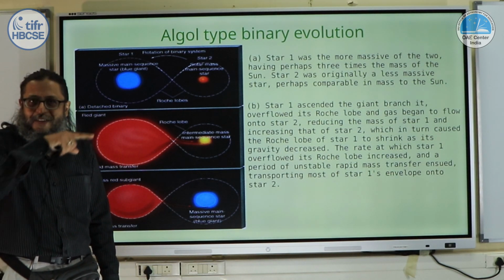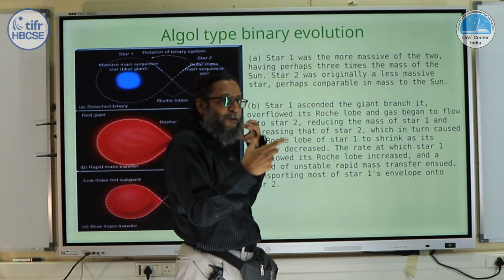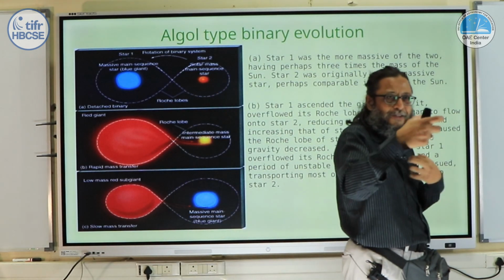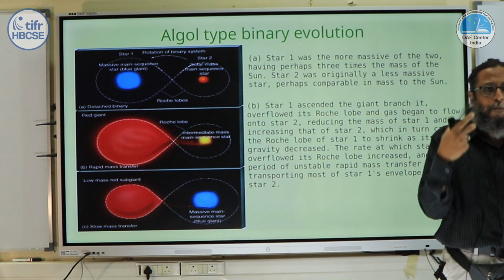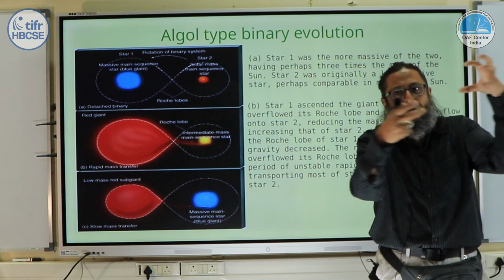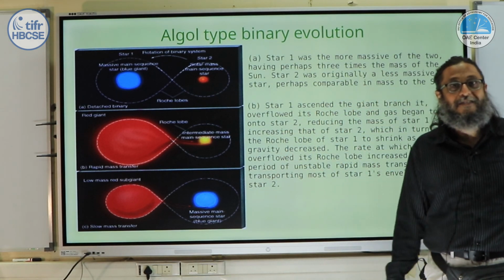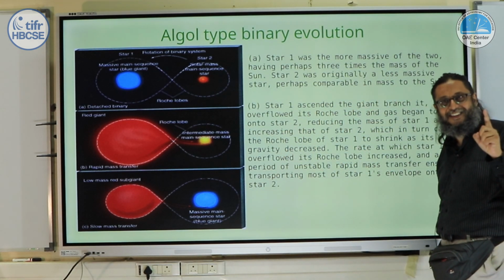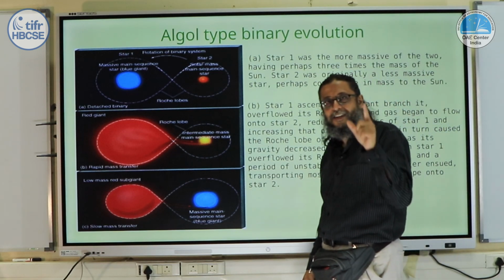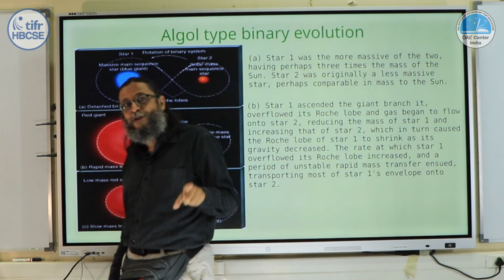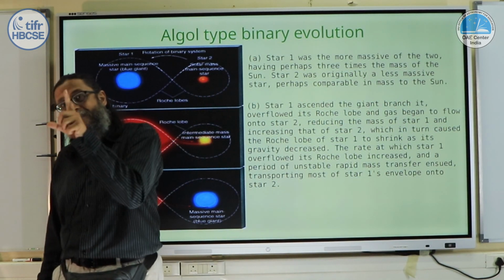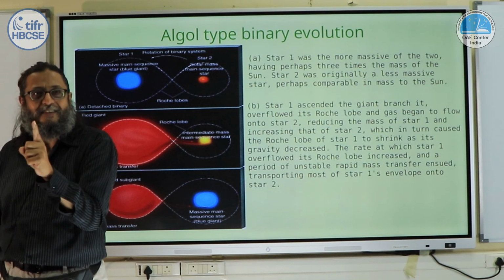Okay, so this causes a very, very complex interaction between the two stars, where you have an episode where one star is losing mass, the other star is gaining mass artificially, right? When I say artificially, this affects the whole evolution process had it been a unary star, a single star.